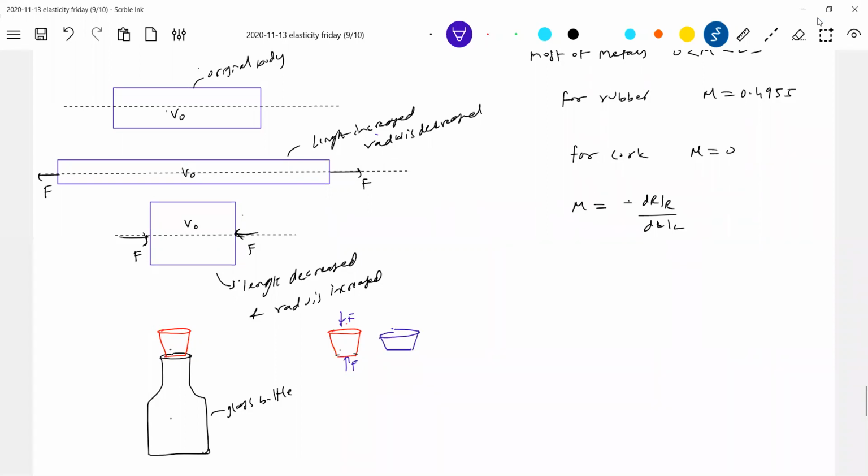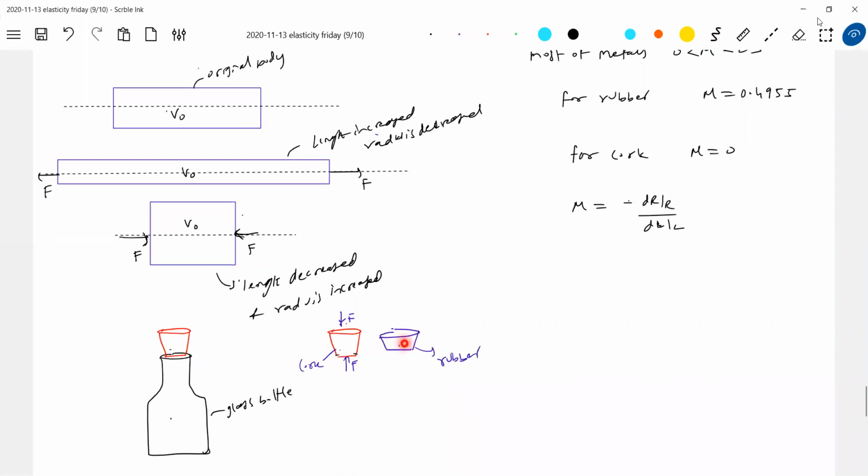Am I right? Length will decrease, radius will increase. But here, what should happen? Radius should not increase here, no? If the radius increases, can it go inside? If you take ordinary material other than cork, okay, you can put rubber, no problem.